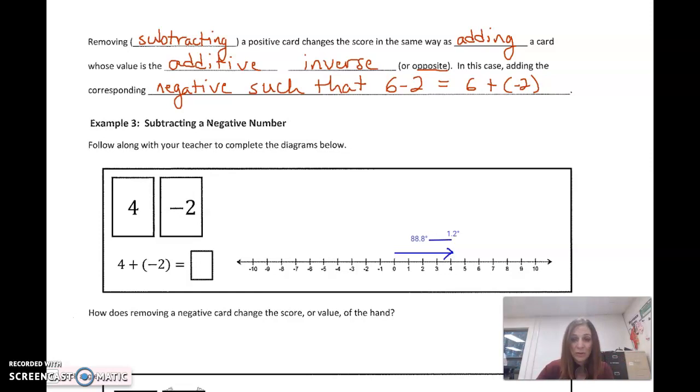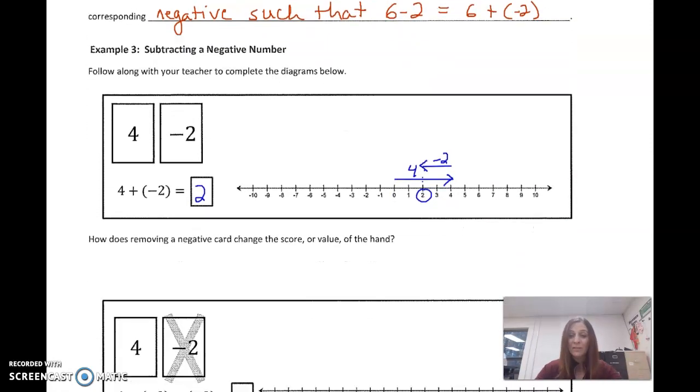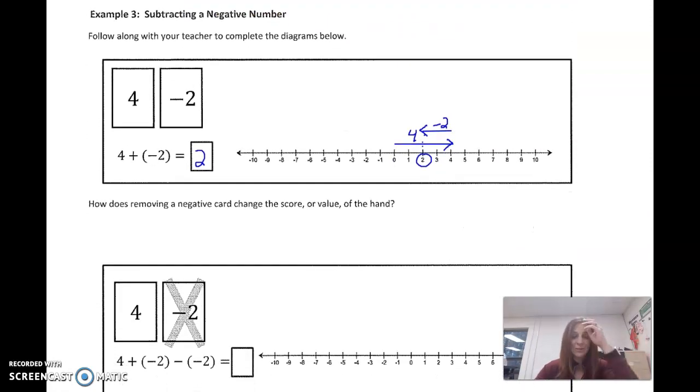From 4, I go 2 units to the left. This is 4, and this is negative 2, and we end up at 2. So this is what we've been doing. If I gave you 4 plus negative 2, just put it on the number line, that's what we're doing.